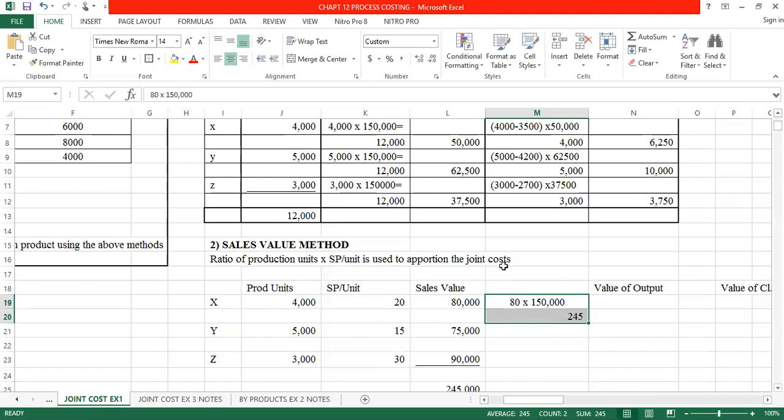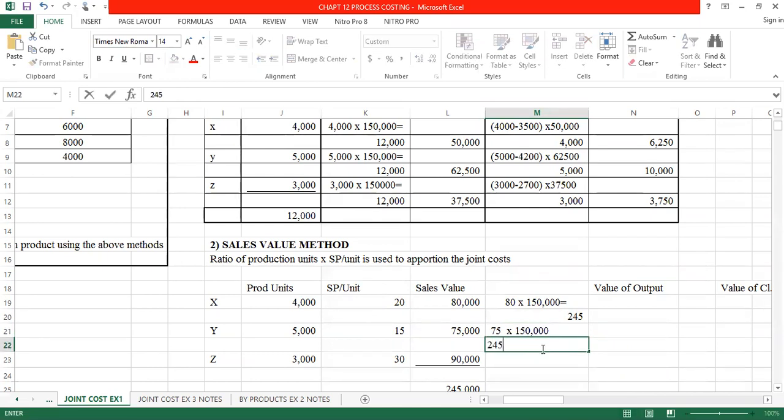This is 75 times 150,000 divide by 245. And this one is, of course, equal sign must be there.